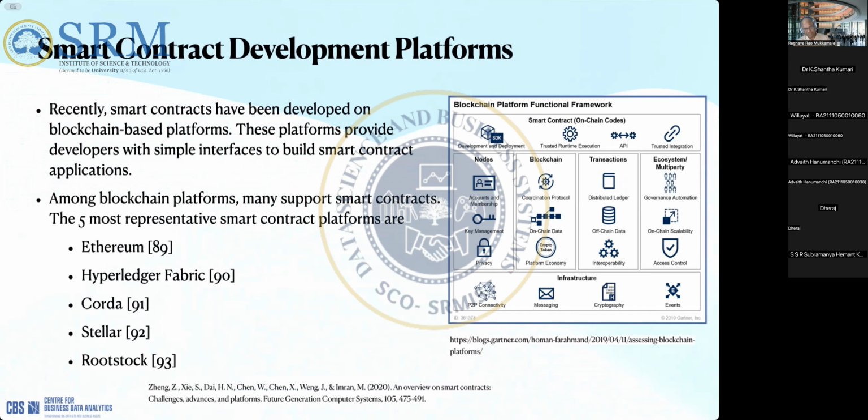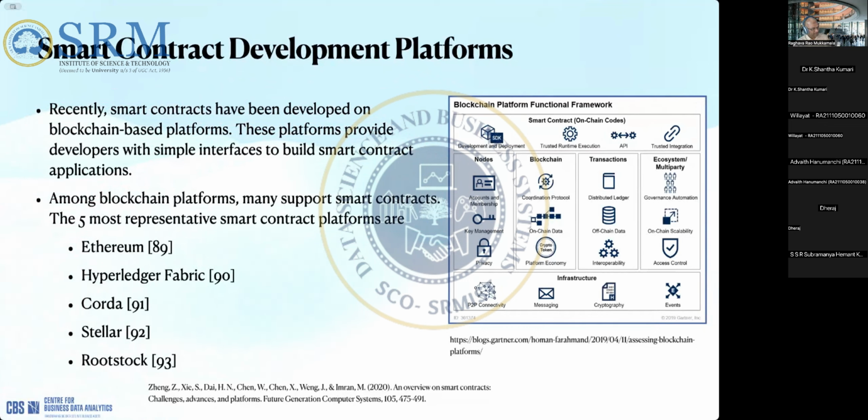Mainly in this course, we will focus on Ethereum because it is quite a popular one for smart contracts, and nowadays I think the majority of smart contracts are being developed on Ethereum. It has the major share as a platform. Of course, you can also look into Hyperledger Fabric, which we used in our project a couple of years back.